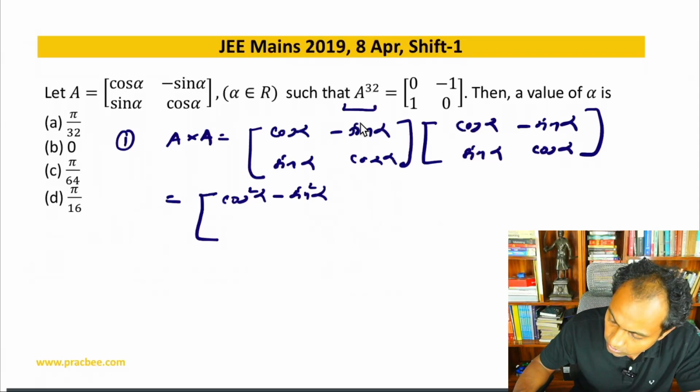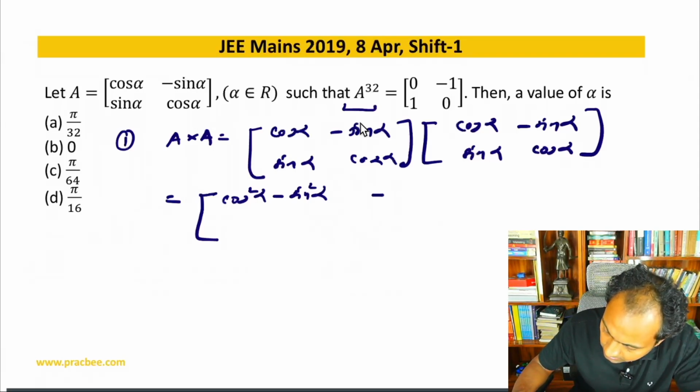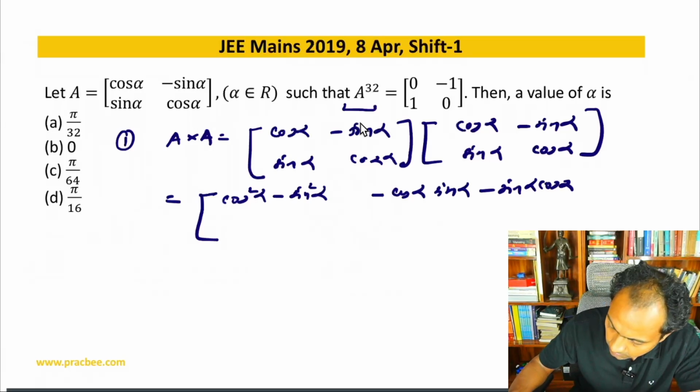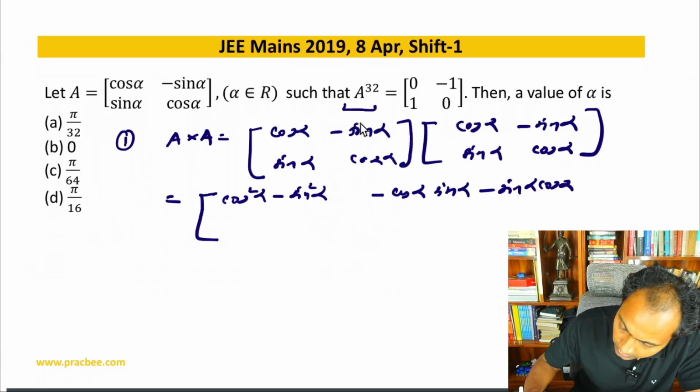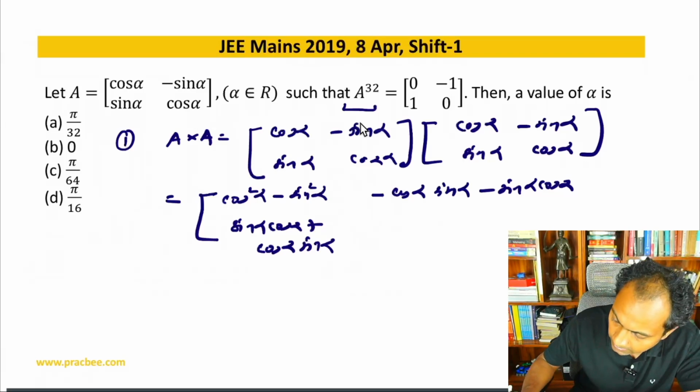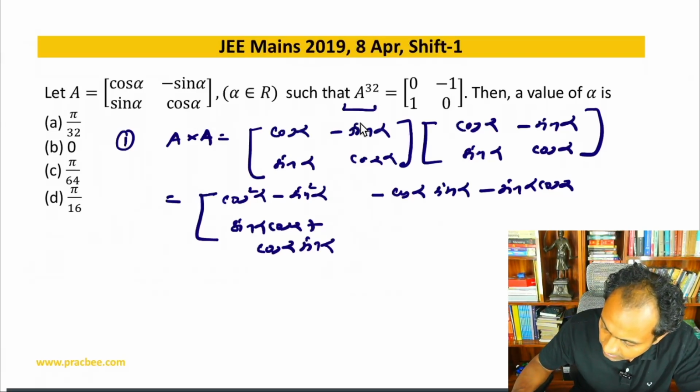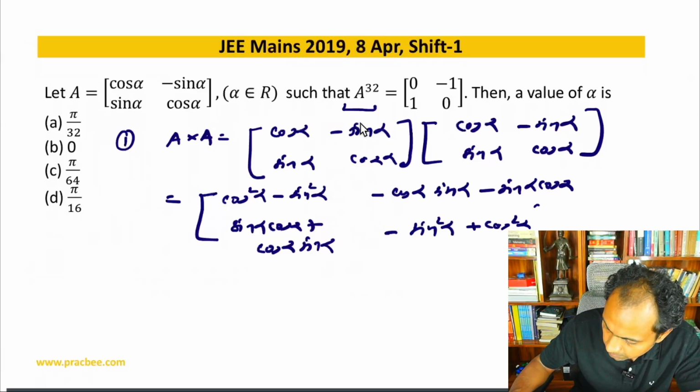The second term is going to become minus cos alpha sin alpha minus sin alpha cos alpha. Next term is sin alpha cos alpha plus cos alpha sin alpha, and ultimately the last term is going to become minus sin square alpha plus cos square alpha.